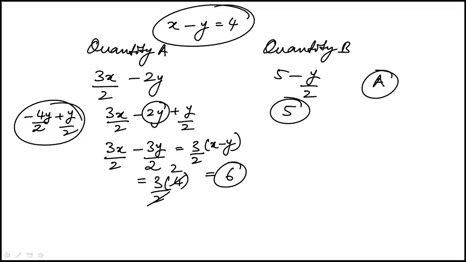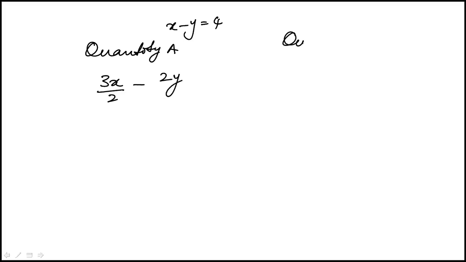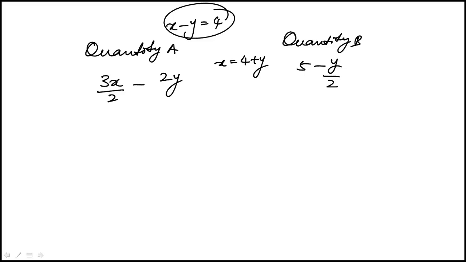So that's one approach. The other approach you could take here is to substitute. So we have quantity A as 3x over 2 minus 2y, and quantity B is 5 minus y over 2. What we're going to do is write x is equal to 4 plus y, and we can replace x here.